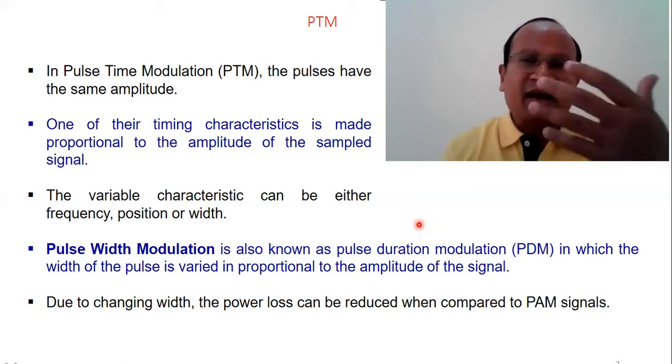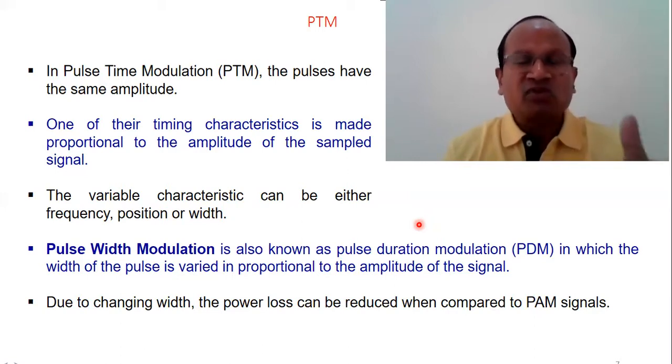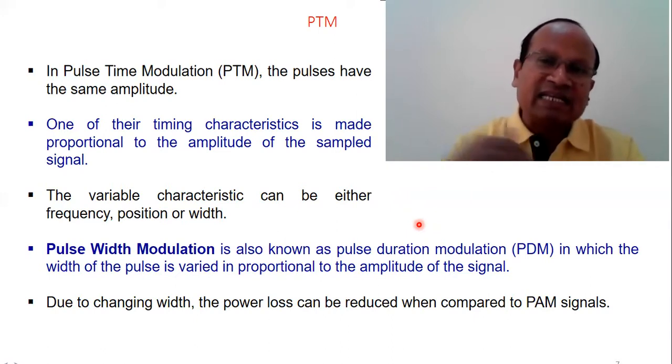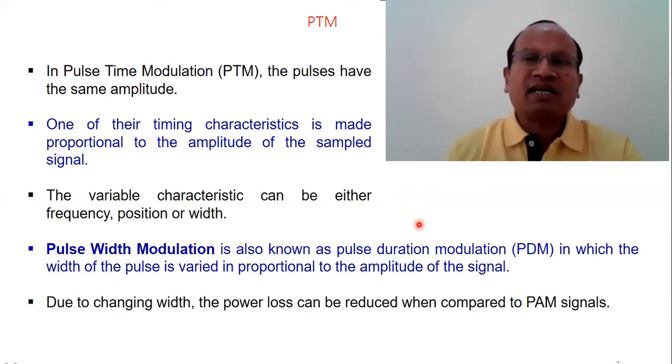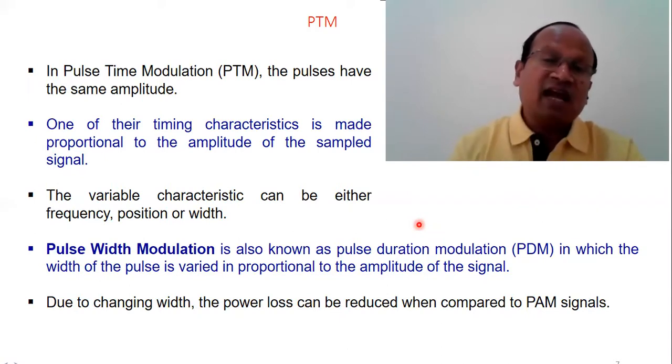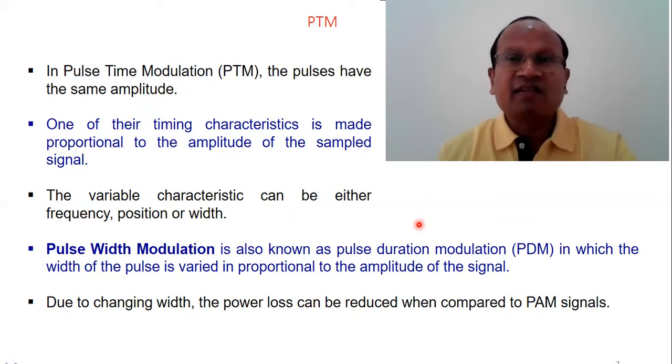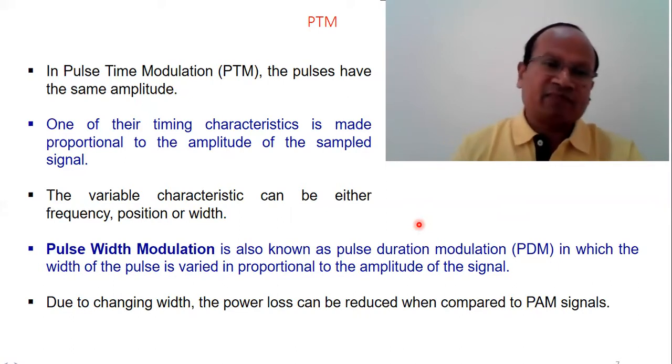If the message signal amplitude increases, the pulse width will increase, and if the instantaneous value of the modulating signal decreases, the pulse width will also decrease.